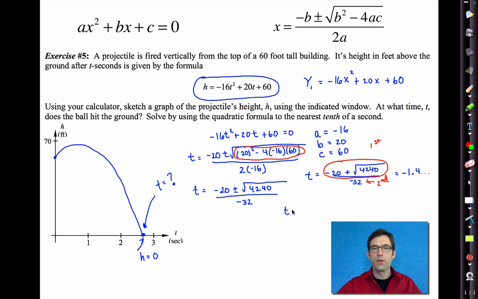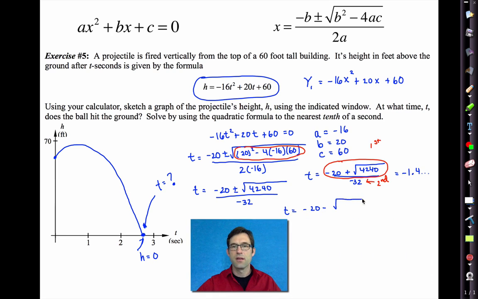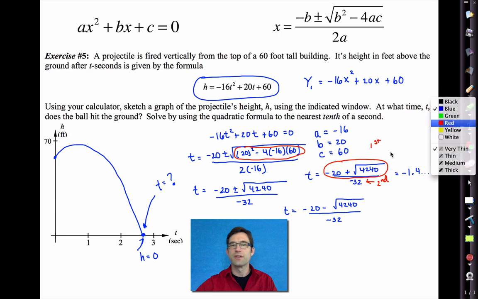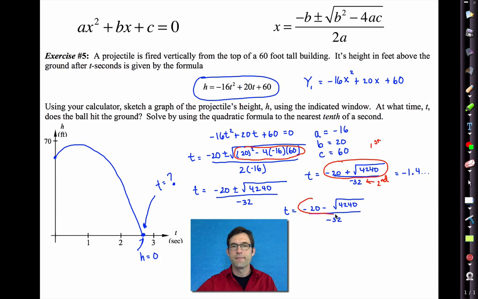Let's do the other one. The other one is t equals negative 20 minus the square root of 4,240, all divided by negative 32. Again, you should do this on your own. Do this calculation first, then divide by negative 32 second. Why don't you go ahead and try that on your own, okay?